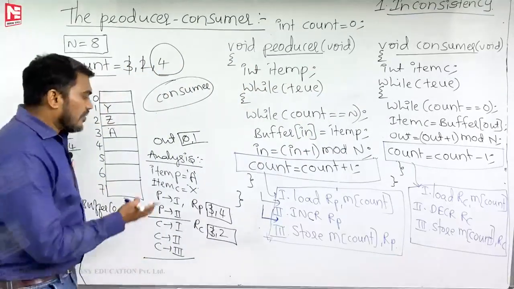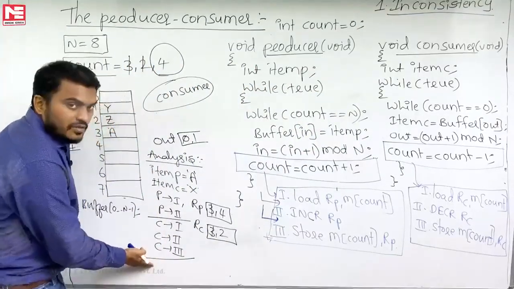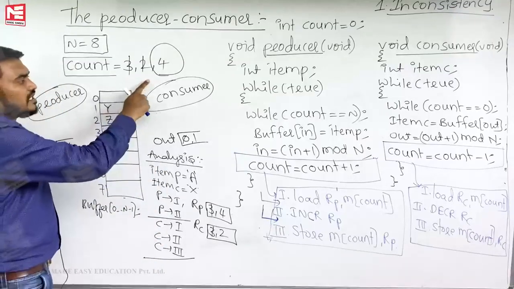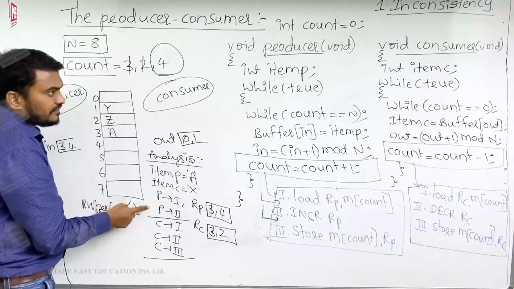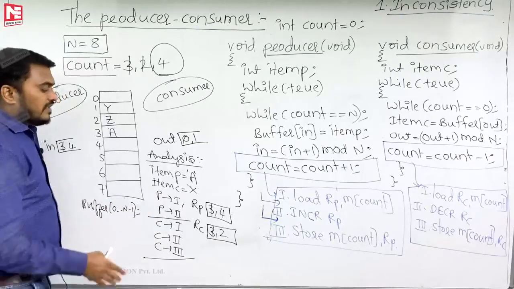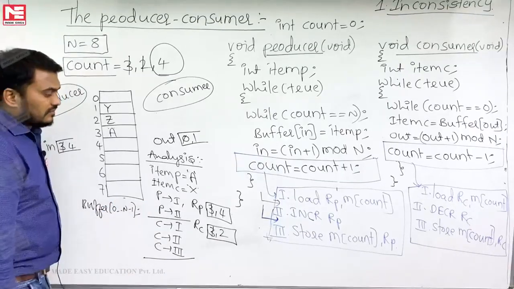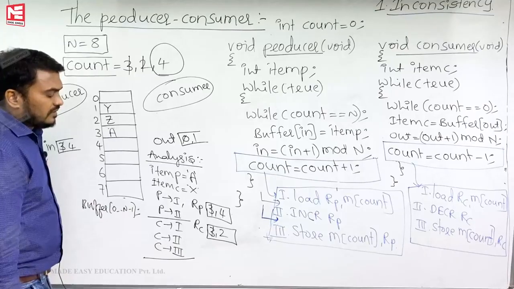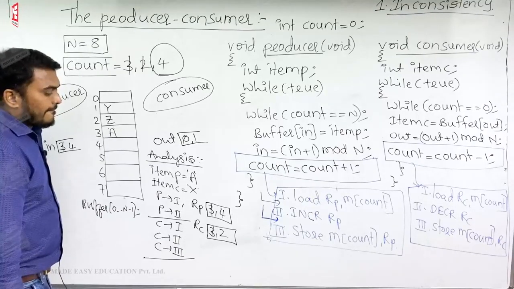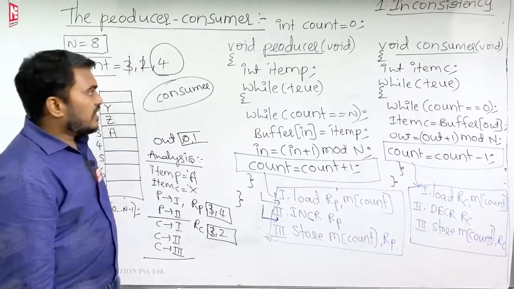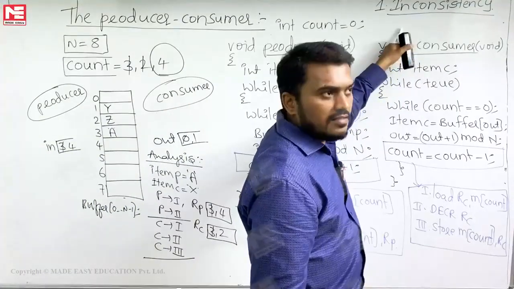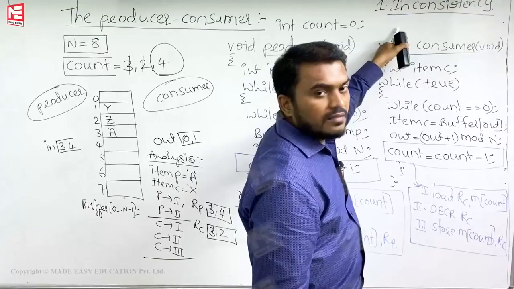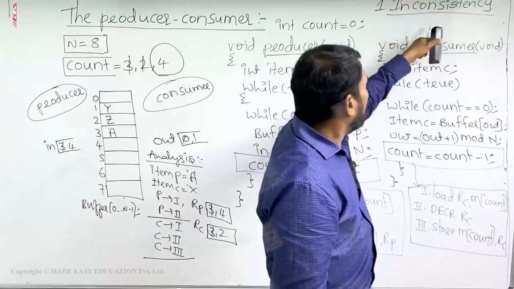First, copy this analysis. Listen carefully here: the count value was also changed here. Copy this whole thing carefully, this one and this one. Pause my video and copy this. Next, keep the heading as inconsistency.